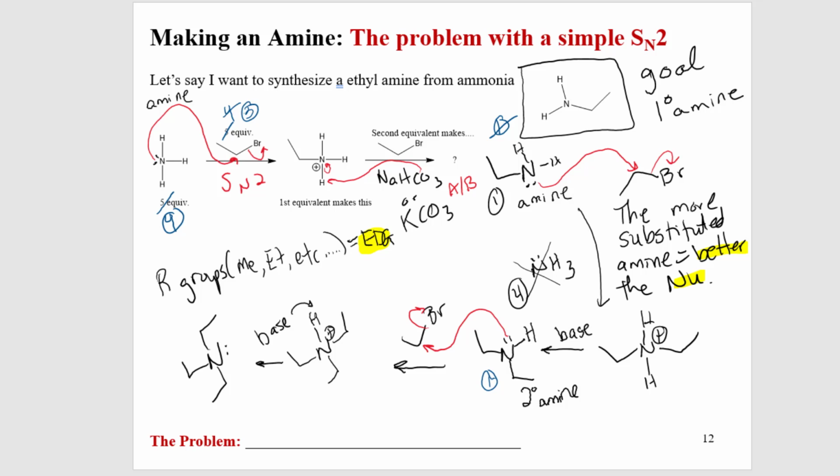And I still have one of these now. I still have 4 ammonias left, but I'm dwindling my resources of ethyl bromide. Guess what? It does it one more time.